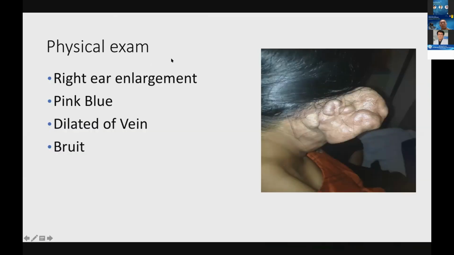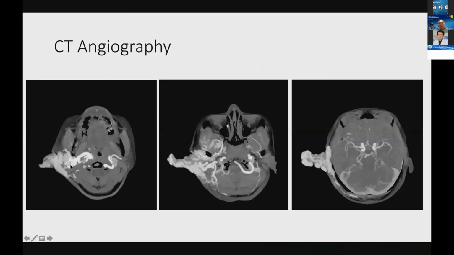For the physical explanation, there is enlargement, with dilatation of the vein. The CT angiogram shows very clearly the arterial phase, the nidus of the patient, and also the draining vein.